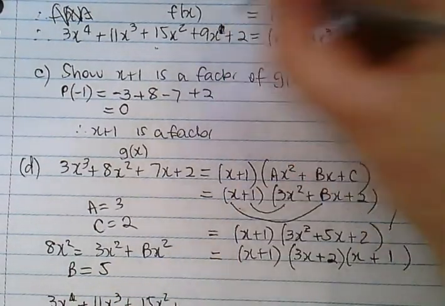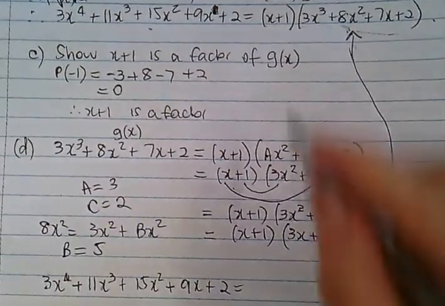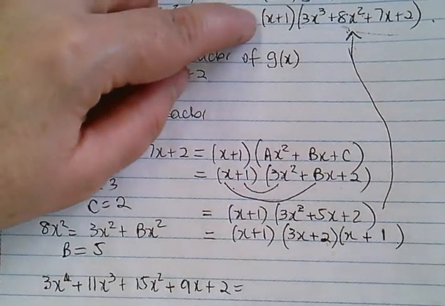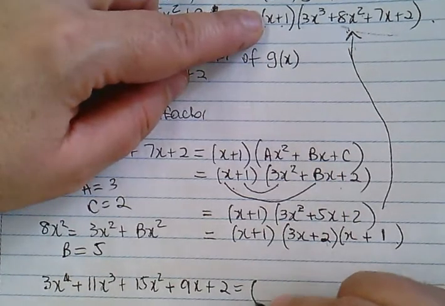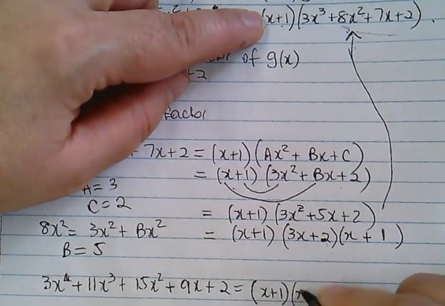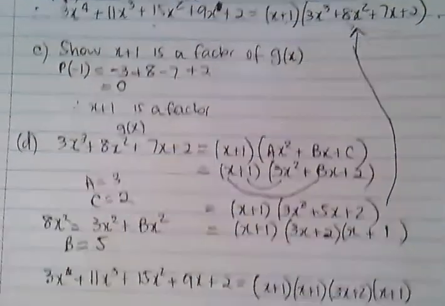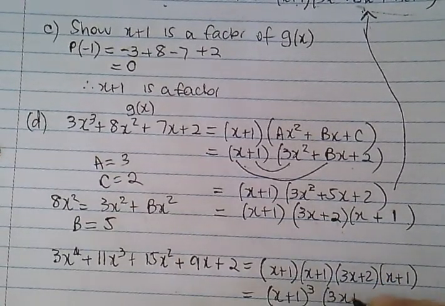Oh, that's just an x. Now I can say it's x plus 1 times all of this. Oh, it's x plus 1 cubed. Look how many there are. Do you see? All right, I'll write it all out. x plus 1 times x plus 1 times 3x plus 2 times x plus 1, which is, wow, x plus 1 cubed times 3x plus 2.